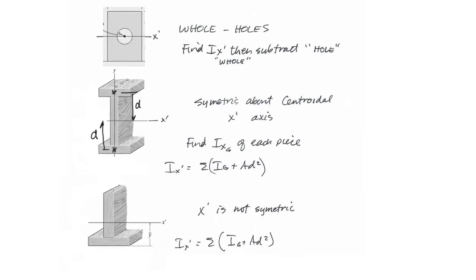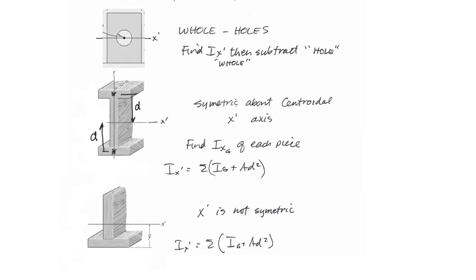If you have a non-uniform, or non-symmetric structure, where you have to calculate the x prime axis, you'll move this one from its centroid down to there, we'll call that d1, and the centroid of this one will move up d2. Those will be different here, but again, you just sum them together like this. You'll find the moment of inertia of the composite is equal to the moment of inertia of each piece plus A d squared of each piece.